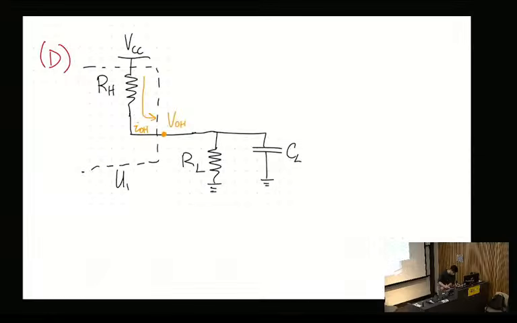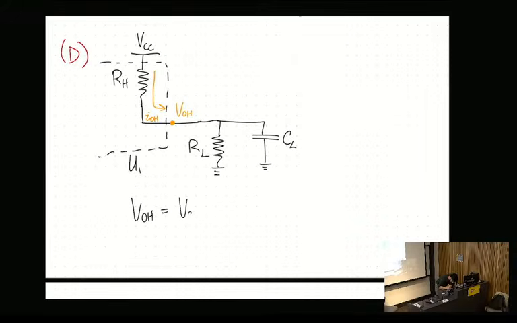Cool. Then we can just calculate RH as VCC minus the output high voltage, over the output high current.